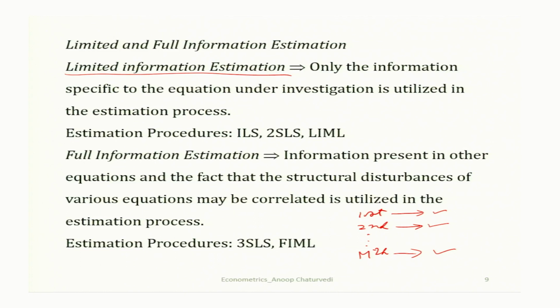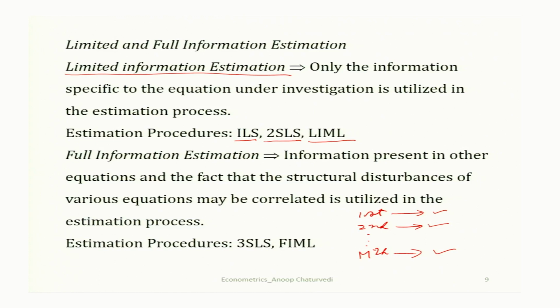These procedures include indirect least squares (ILS), the two stage least squares estimation procedure (2SLS), or limited information maximum likelihood estimation procedure. In this lecture, we are going to discuss the indirect least squares estimation procedure.